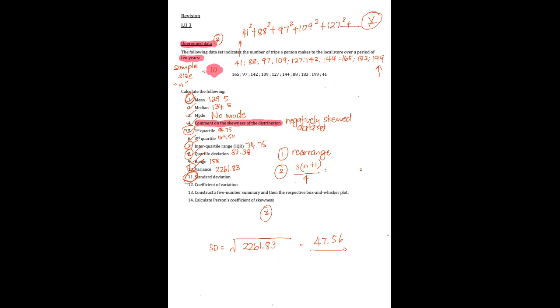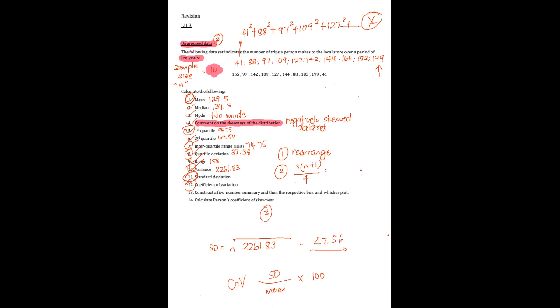So that is your standard deviation, and then you have your coefficient of variation, which is calculated as COV. This is calculated as the standard deviation over the mean multiplied by 100.